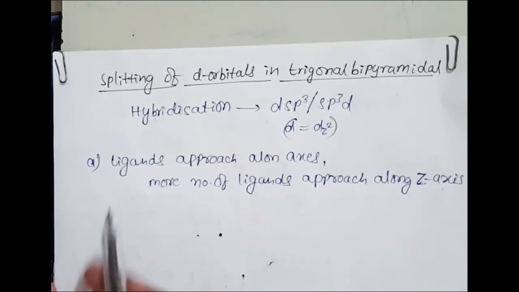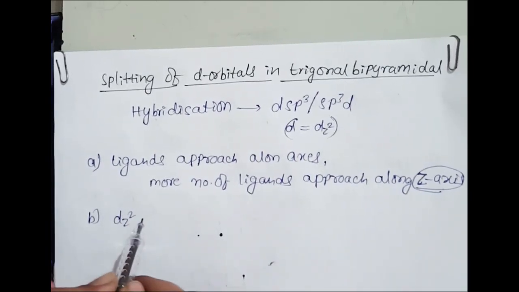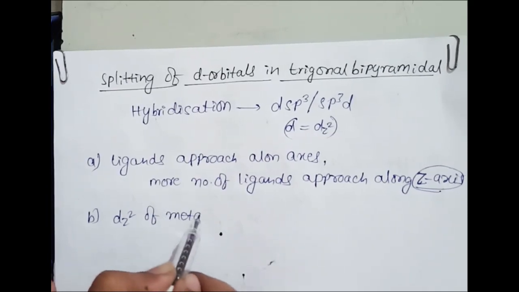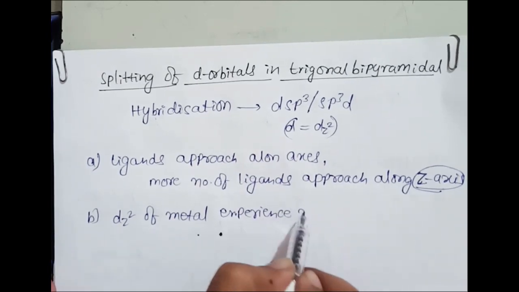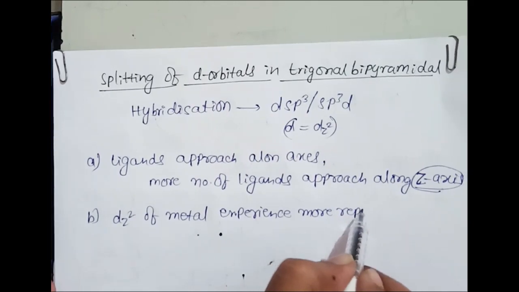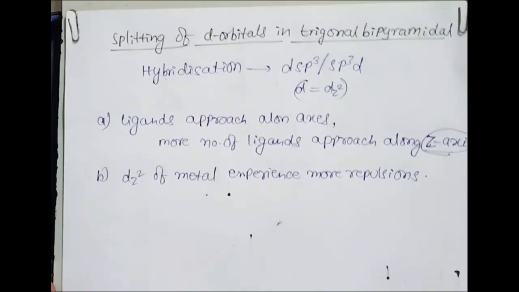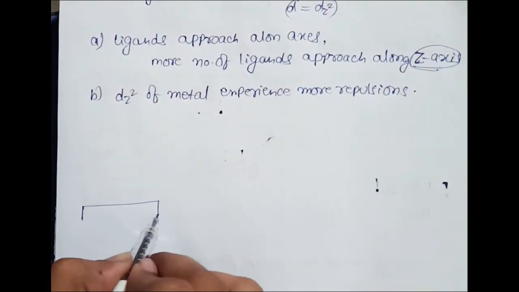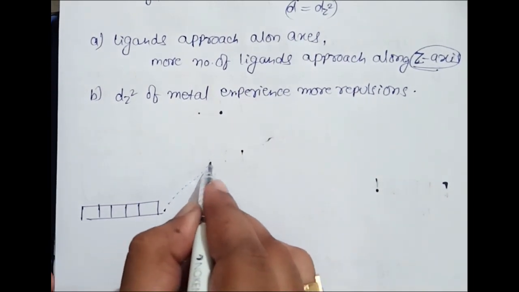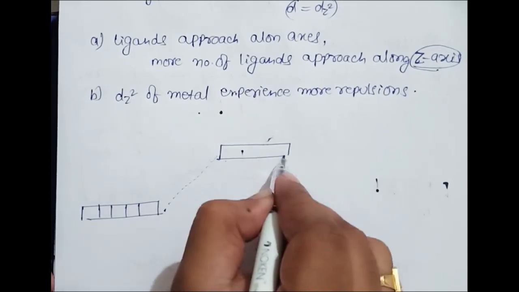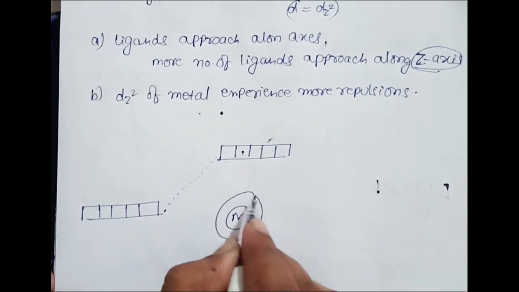So since ligands are coming along the z axis, dz square of the metal experiences more repulsions. This is the key point. Based on that, you can write the splitting. When the metal is alone, the d orbitals are degenerate. When ligands approach the metal, their energy increases because of the repulsions between the electrons of the metal and the electrons of the ligand.